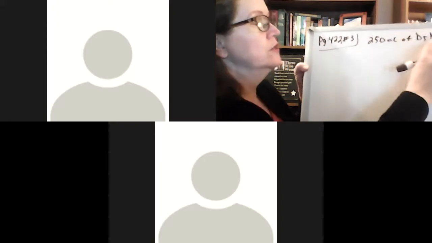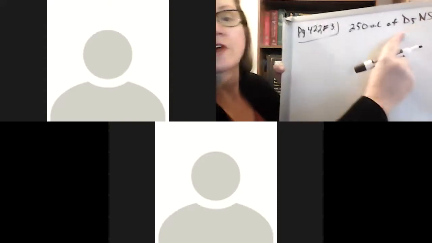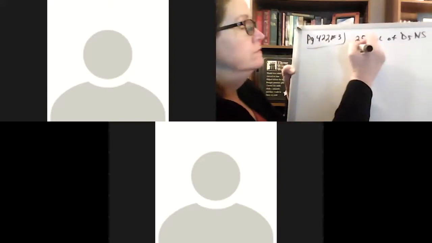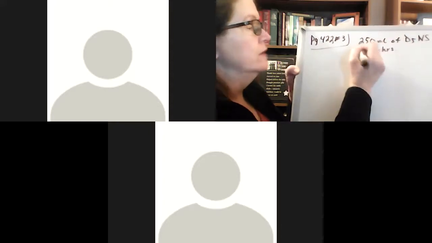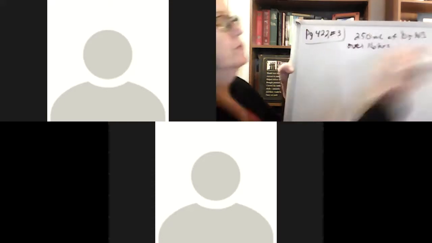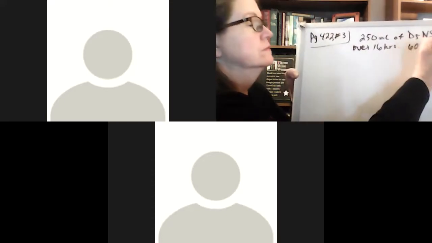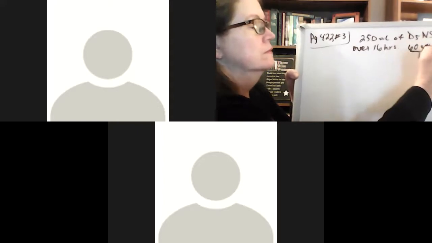That's a combination of normal saline plus 5% dextrose to be administered over 16 hours to keep a vein open. That's just so it doesn't form a blood clot. The drop factor is 60 drops per milliliter. How many drops per minute should be administered?